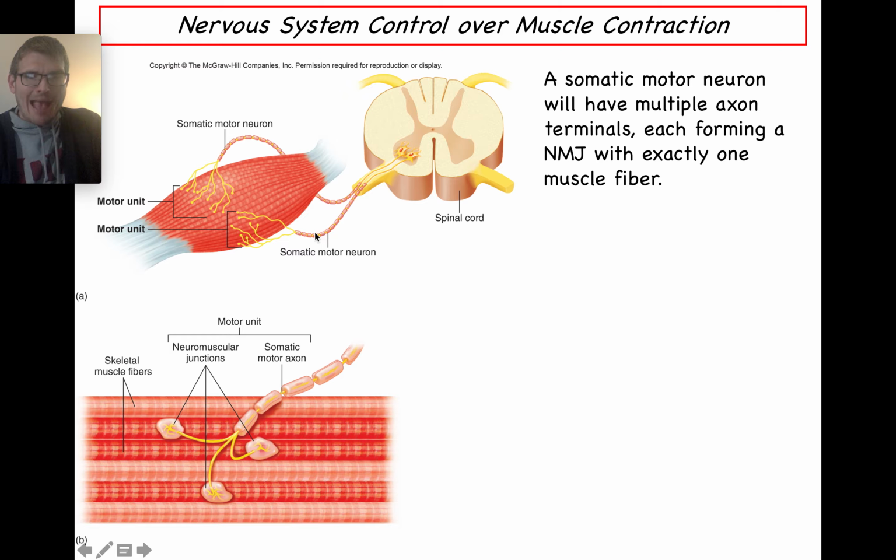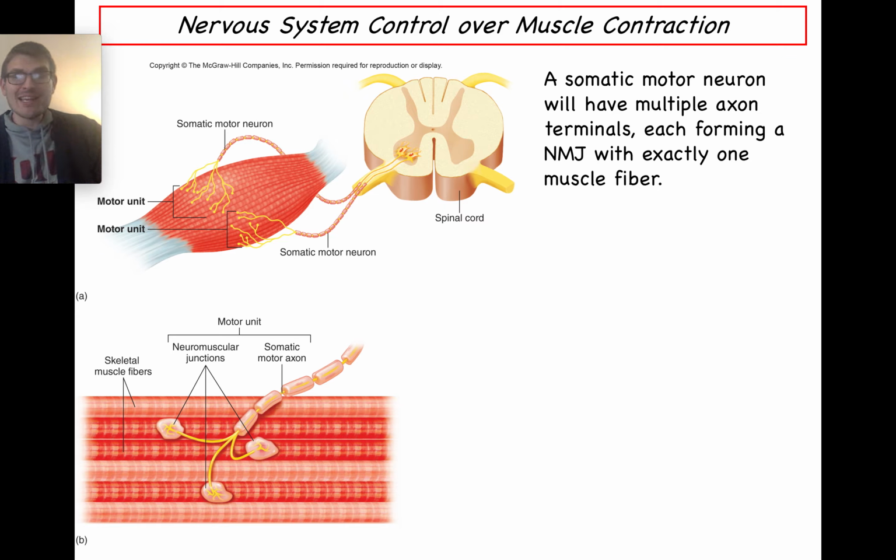Once we get down past the myelin sheath, look at what happens to the axon there. It is diverging and forming all these crazy little branches. Specifically, look at the axon terminals. Let's count up those axon terminals right there. So we've got 1, 2, 3, 4, 5, 6, 7, looks like 8. There might be a ninth one there, I can't really tell. So let's just say 8. So this one somatic motor neuron has 8 axon terminals.